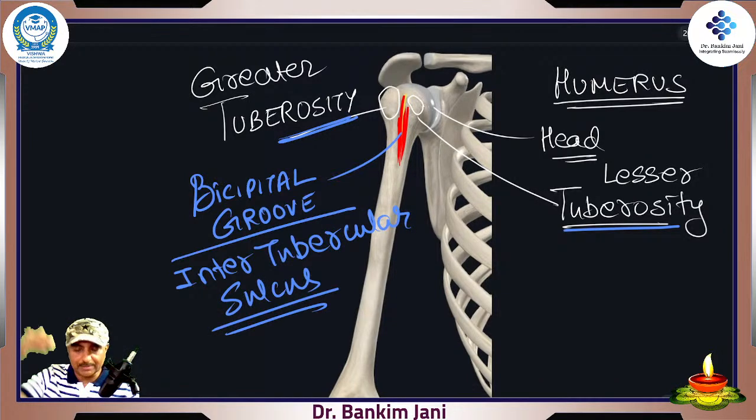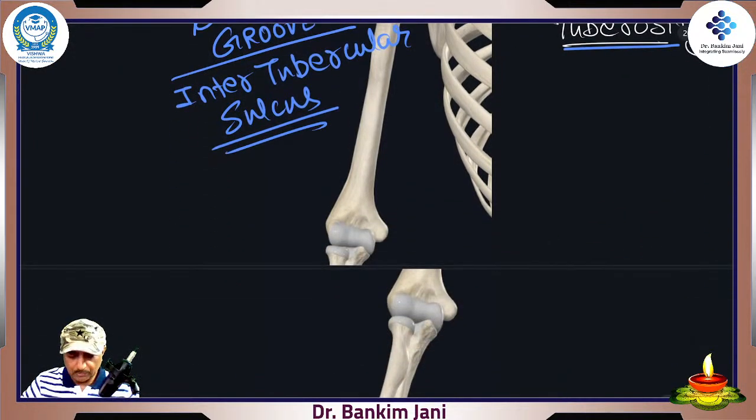There is a space, there is a groove. So it is also called the bicipital groove or intertubercular sulcus, the sulcus or groove which is between two tubercles, the greater tuberosity and the lesser tuberosity. Fair enough? Okay. Moving on further.